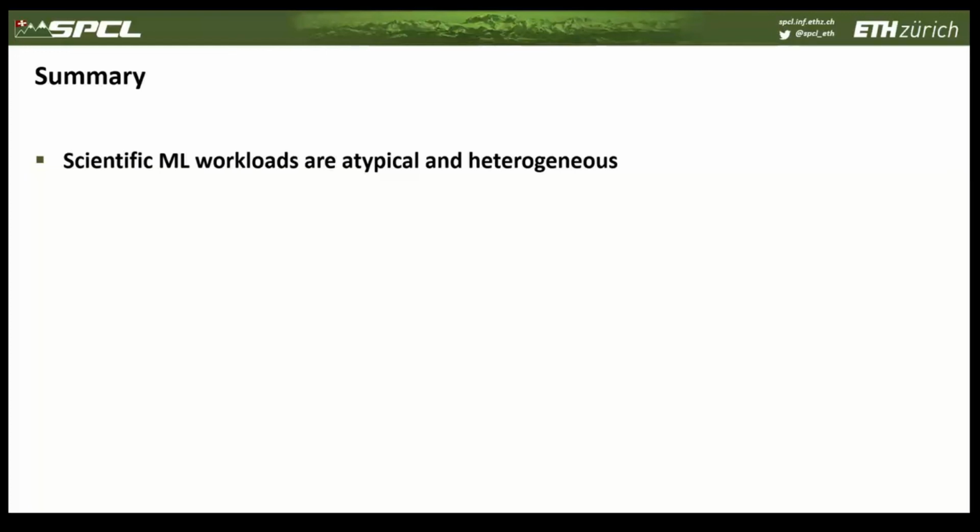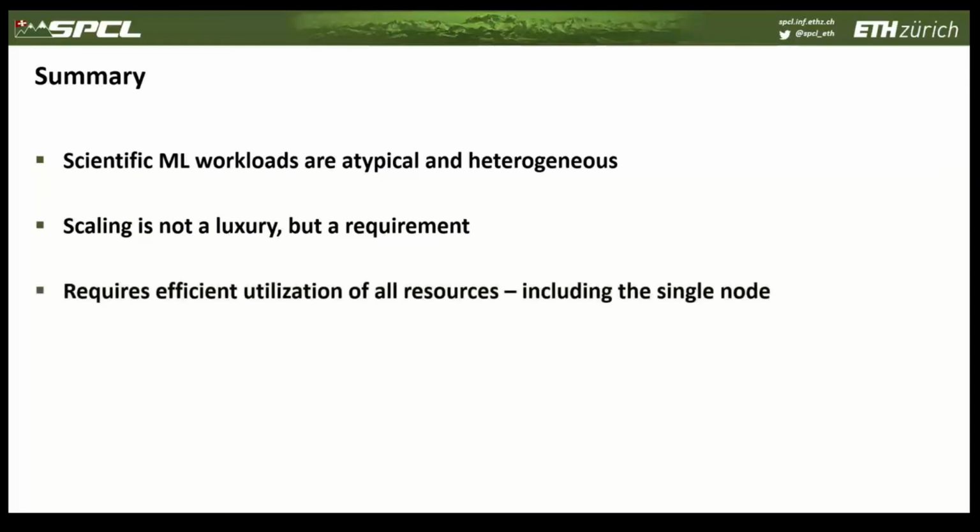We have large data sets, we have large samples in the data sets, but it's not the same as what you would expect with image classification and natural language. And the problem with our data sets is that we don't scale up machine learning problems because we want this to be just faster, but because sometimes we just can't run them on a single GPU. So for us, it's kind of a necessity.